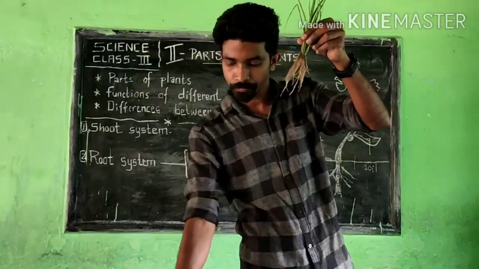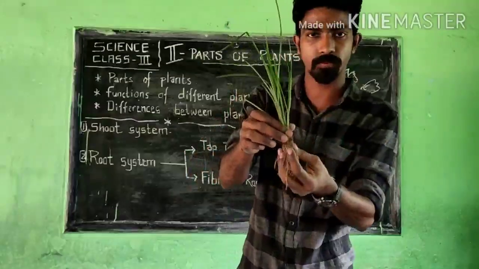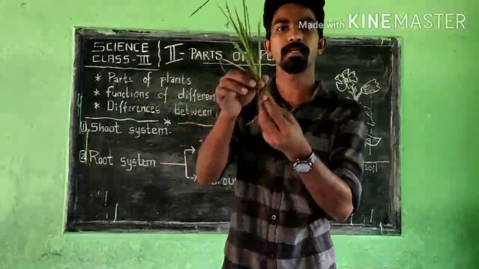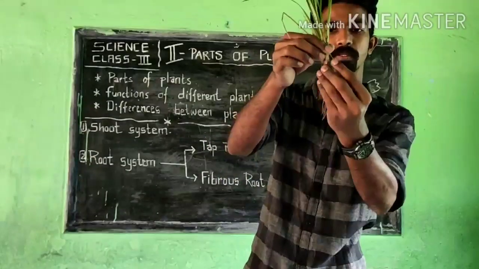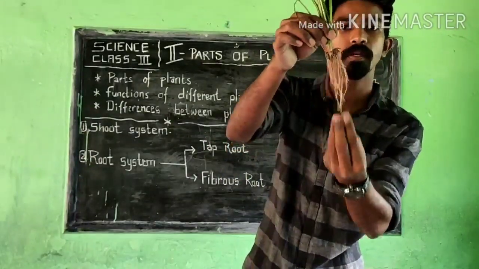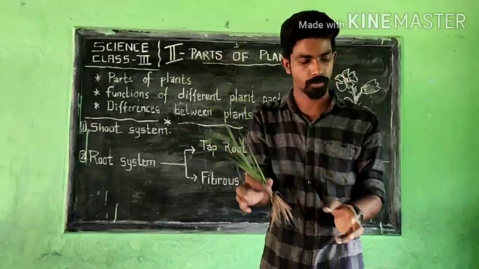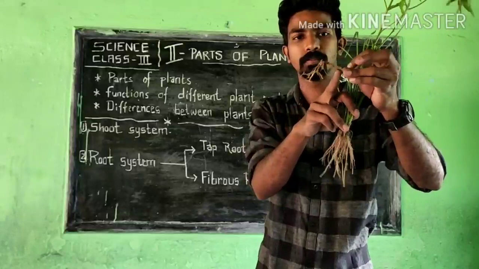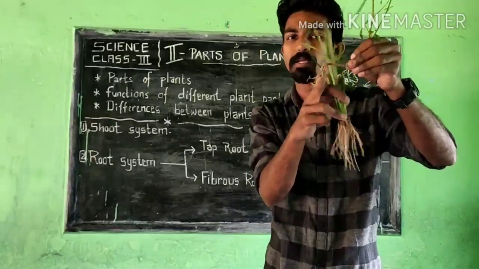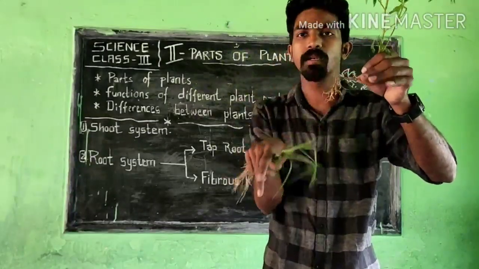Look at the textbook. Some plants have clusters of roots of the same size, growing from the end of the stem. These are the best examples for fibrous root. So that is the difference between tap root and fibrous root. Tap roots start from the bottom of the stem and have branches while going into the soil.